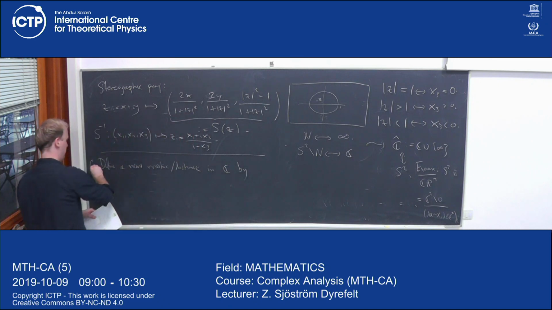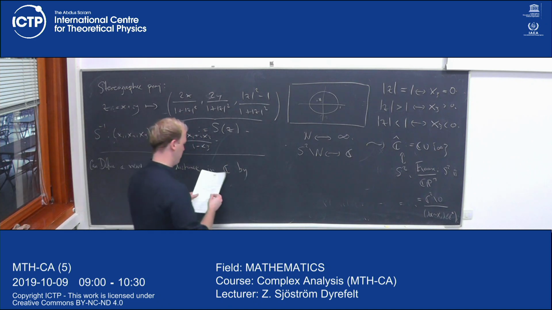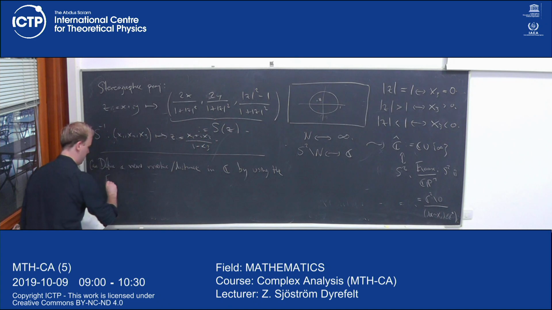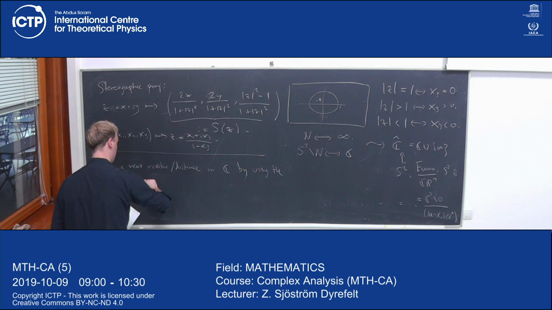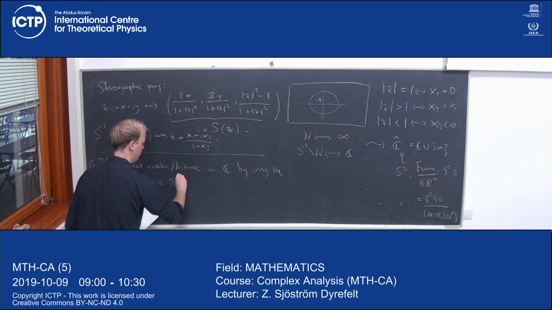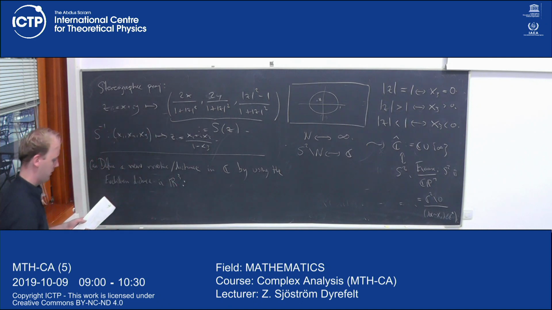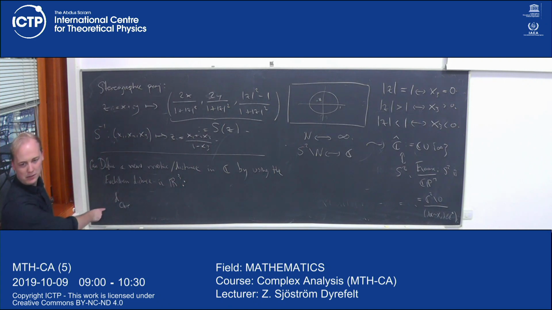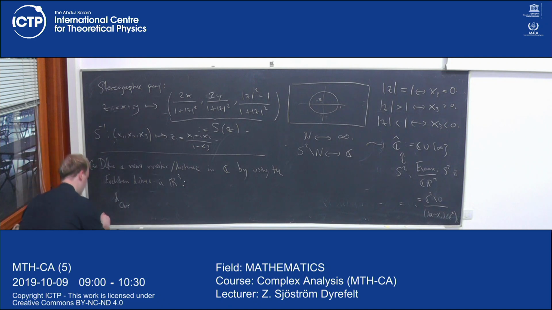So we can define a new metric in C by using the Euclidean distance in R3. This is called the chordal distance, and I will denote it like this.